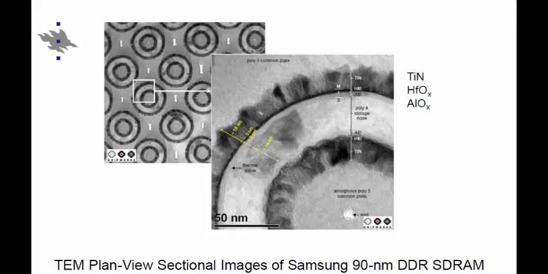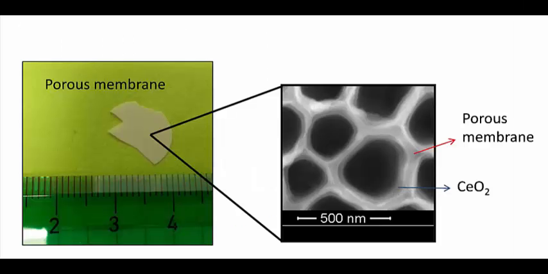In DRAM capacitors also we can see the use of ALD. Yet another application of ALD is in biomedical applications. Nanoporous materials are emerging throughout the biomedical industry in drug delivery, implants, and tissue engineering.